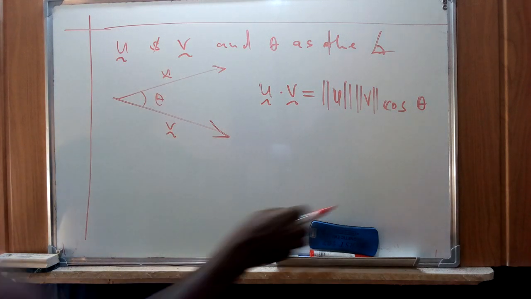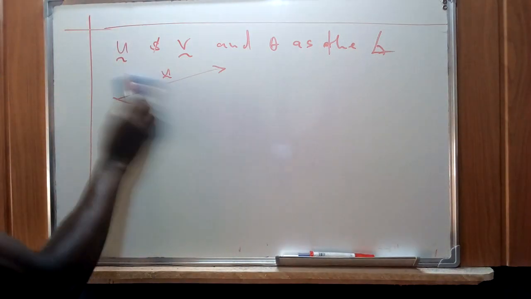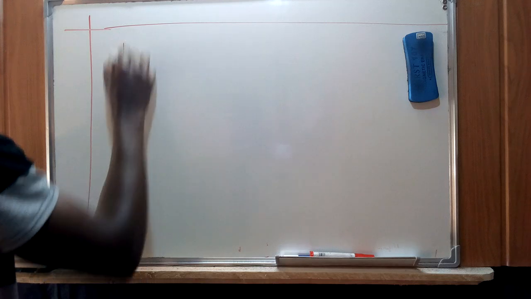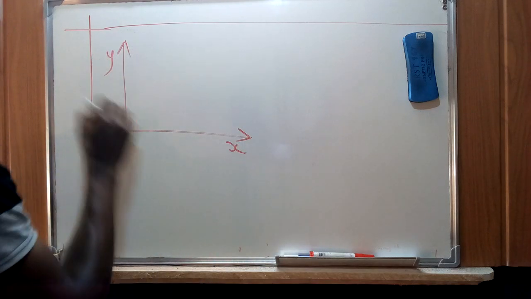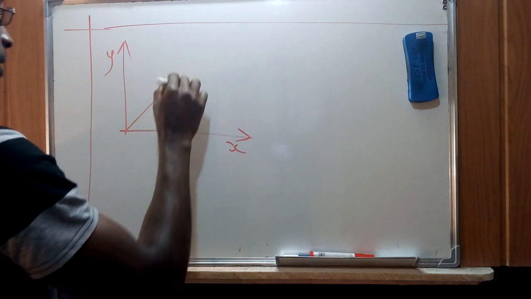And then we said that if these two vectors are in two-dimensional space, then we can use the rectangular coordinate system to describe the vectors using the x and y axes.